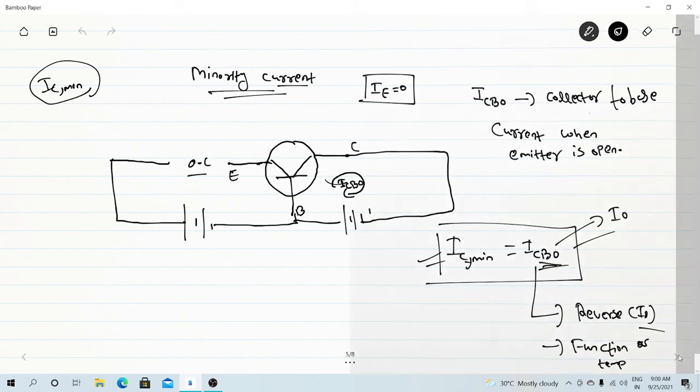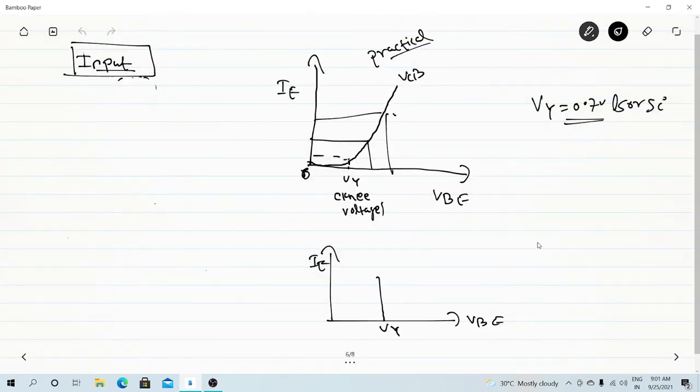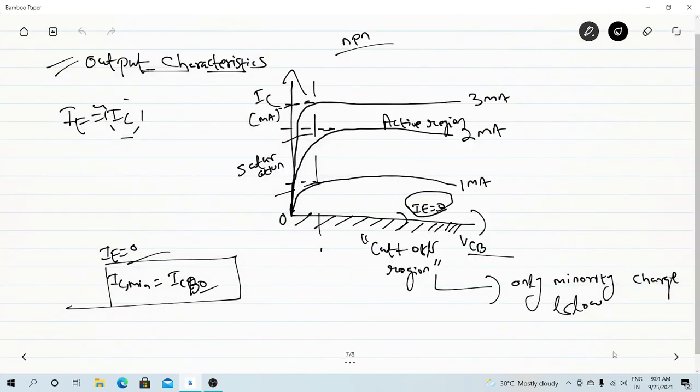Okay, and then we saw for NPN the same type of relation. Then the input characteristic is like the PN junction diode forward characteristic. When IE becomes 0, that is, when the input current is 0, that means we are making the input section open circuited.